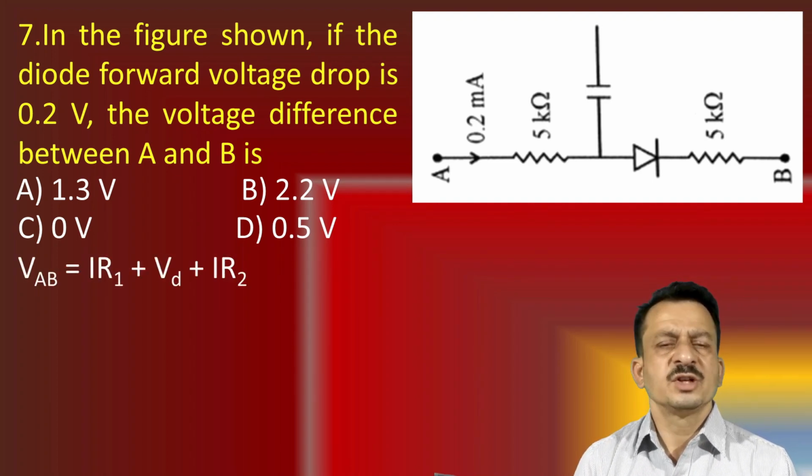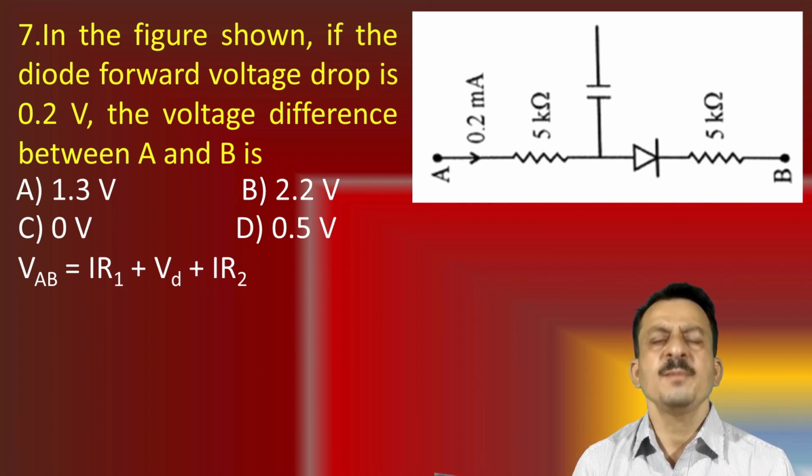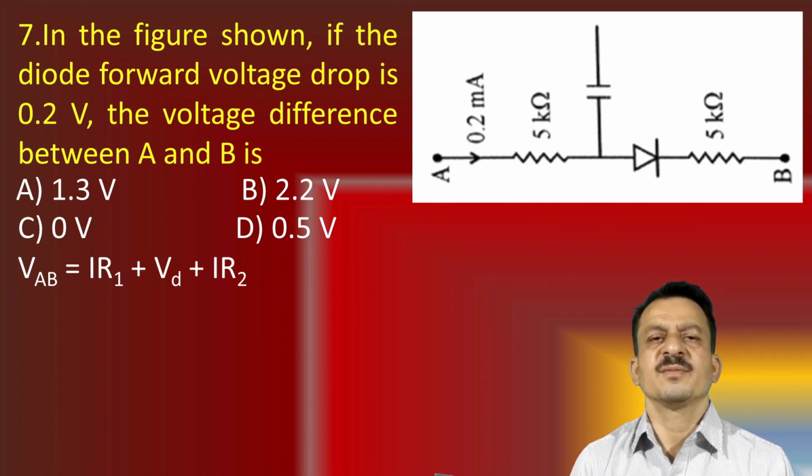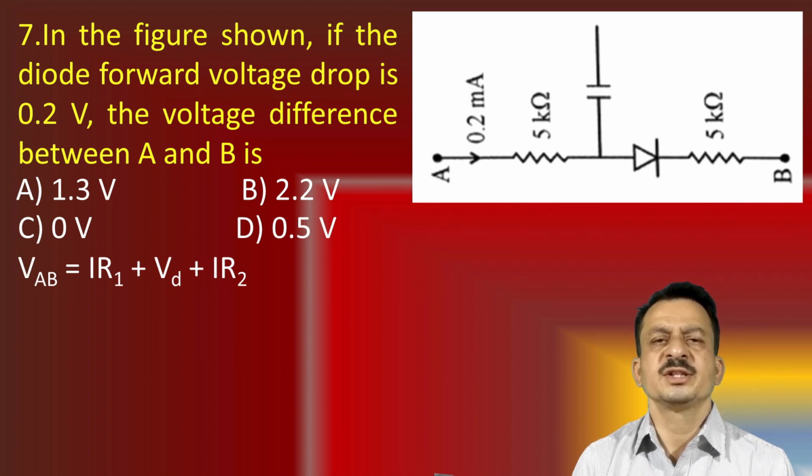Now the terminal potential difference across A and B is that since they are in series, current is the same, I. Now the potential difference across the first resistor is I into R1, plus Vd represents the potential difference across the diode, plus I into R2 represents the potential difference across the second resistor. Current is given 0.5 milliamps, that is 10 to minus 3.